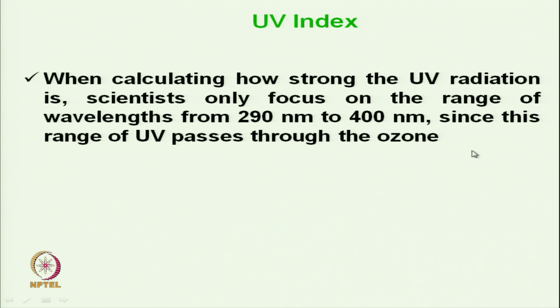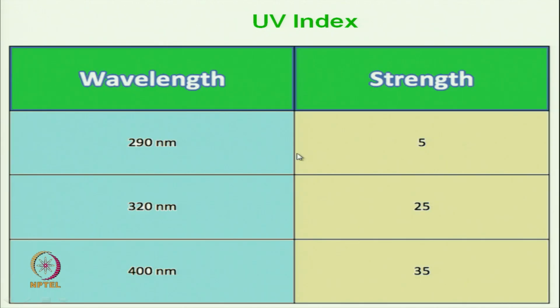The range absorbed by the ozone layer is not taken into account, because it does not reach the environment. Now, strengths are arbitrarily given for different wavelengths of UV. So, 290, 320, 400 we can subdivide, and the strengths are 5, 25 and 50.